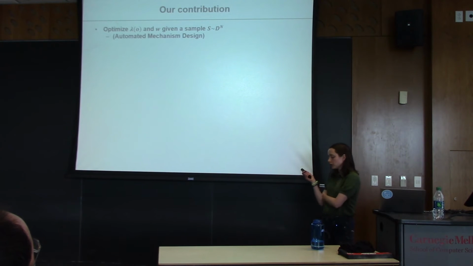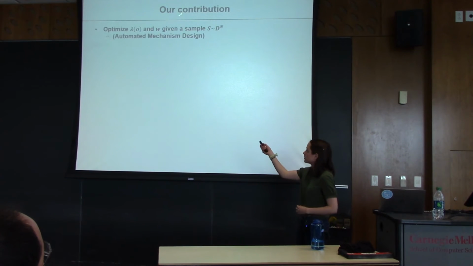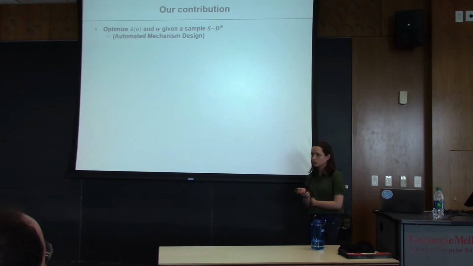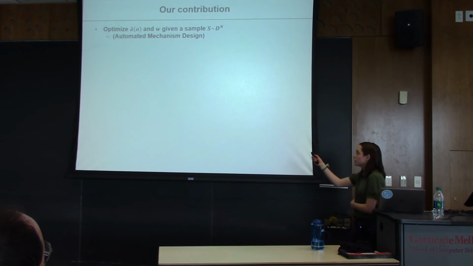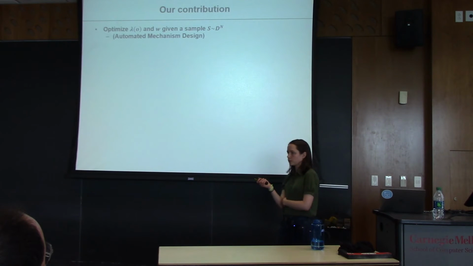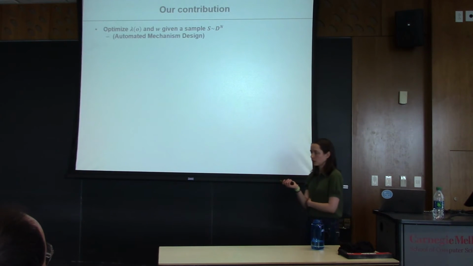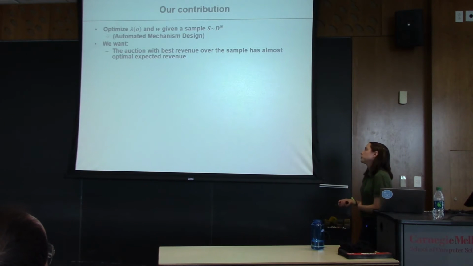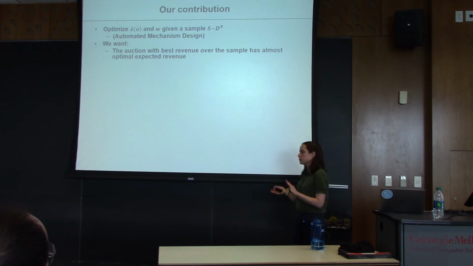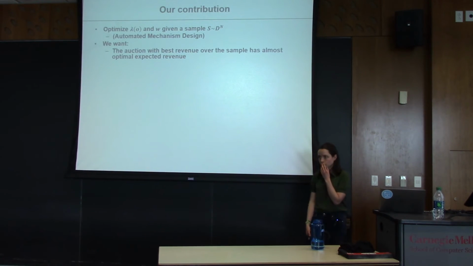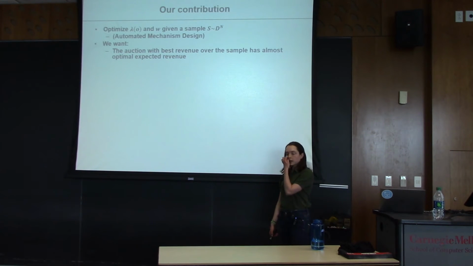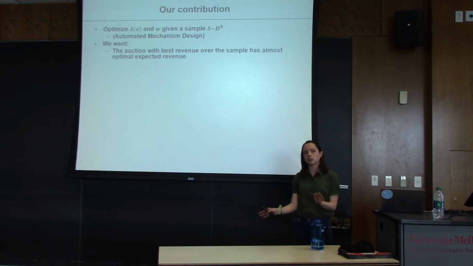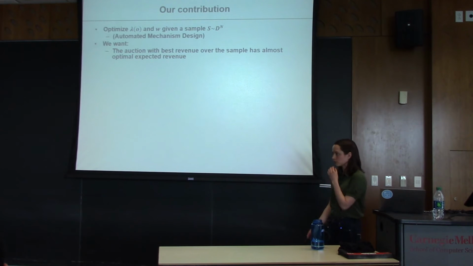The goal is, we get these samples, and we want to optimize the lambda terms and the w terms given a sample. This is the problem addressed in automated mechanism design. That's where those algorithms come from. And what we want is that the auction with the best revenue over the sample has almost optimal revenue with respect to the distribution.